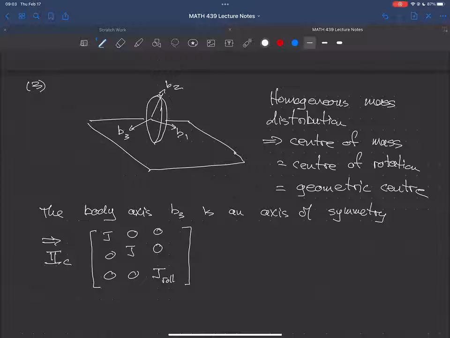And what should I call that number? Well, that's going to be the inertia for spinning. It's going to be about this axis and about this axis. And if you think about that, that means the body is kind of spinning. So I'm going to call those two inertias J spin.